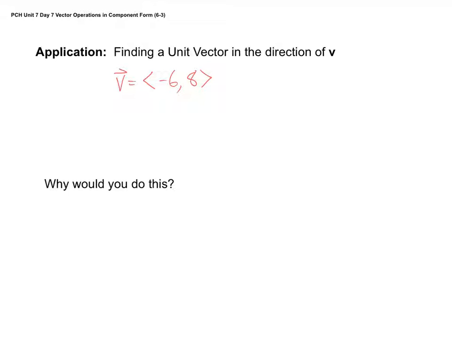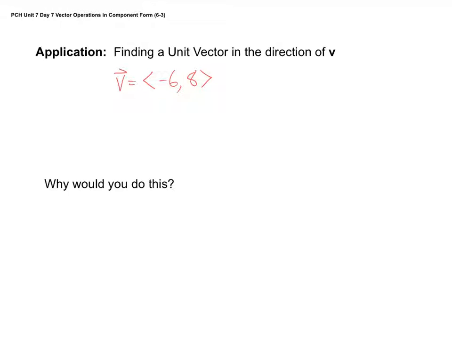Now, what's the definition of a unit vector? This is a term that you should know. It's parallel to the y-axis or to the x-axis, and it has a magnitude of 1. Well, there is a horizontal and a vertical unit vector. We have i and j.